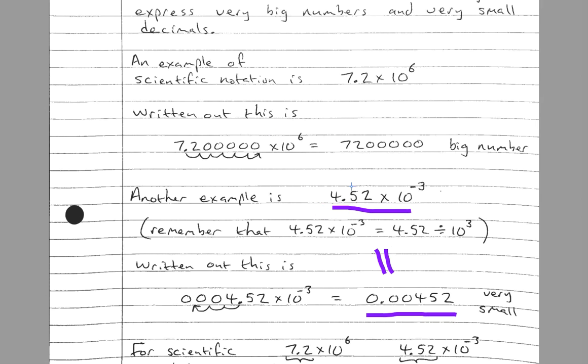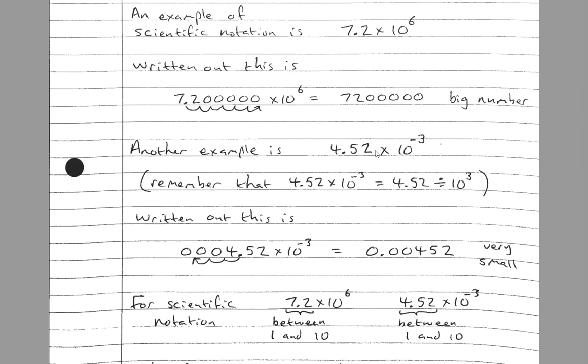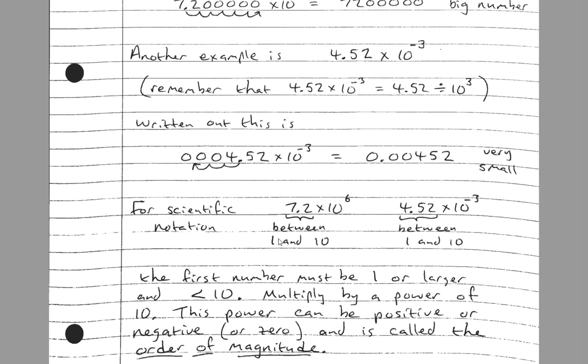So this scientific notation, just writing a decimal times a power of 10, it's a good way to write big numbers and small numbers. These are 2 examples again. So just to make sure we understand the idea. This first number, it has to be between 1 and 10. So the smallest it can be is 1, and it has to be strictly less than 10.